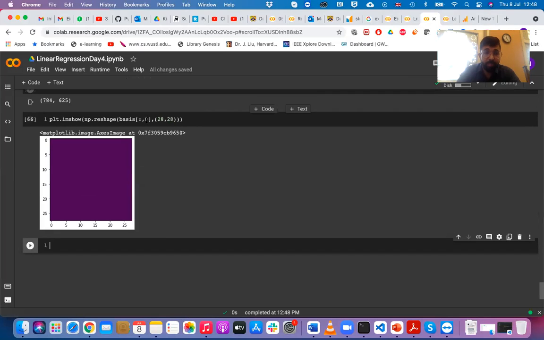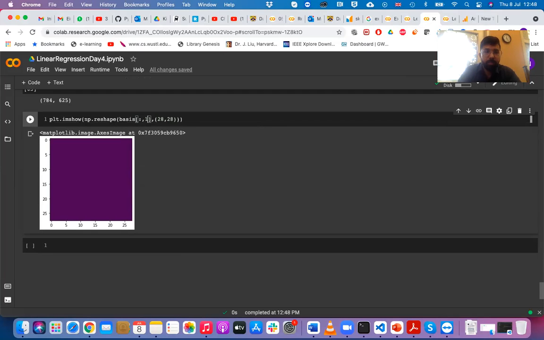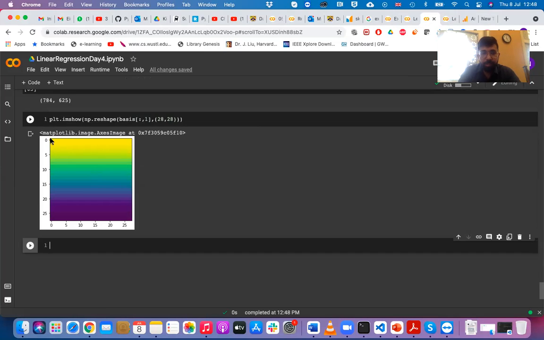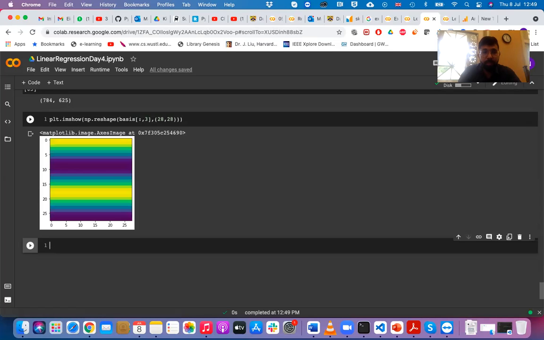The first base is just a constant. You can see that this is how it looks. The second base looks like this. You can see it's a cosine along the rows. The third base is this. It's a cosine with double the frequency and so on.